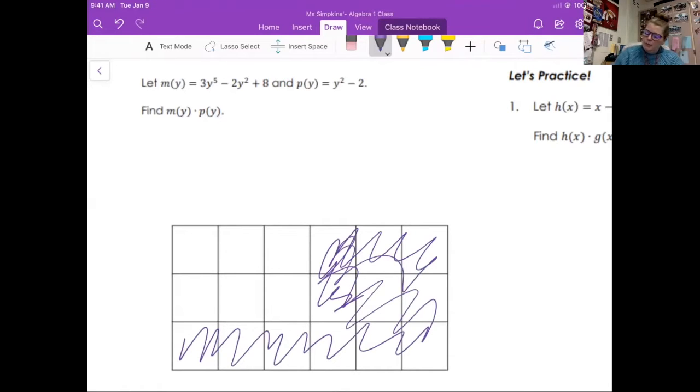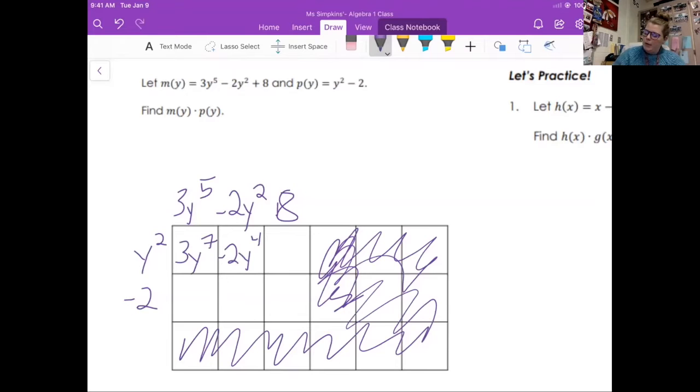So let us multiply 3y to the 5th minus 2y squared plus 8. And then on the left, y squared and negative 2. So 3y to the 5th times y squared would be 3y to the 7th. y squared and negative 2y squared would be negative 2y to the 4th.